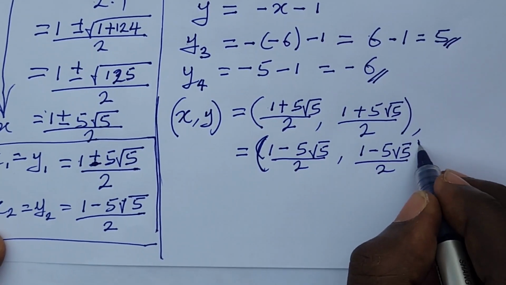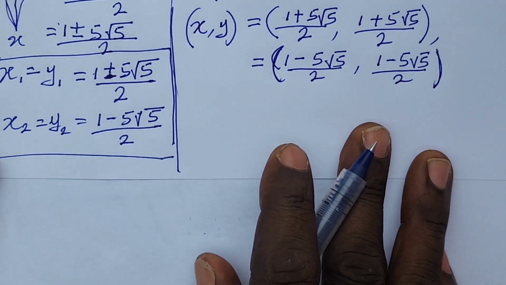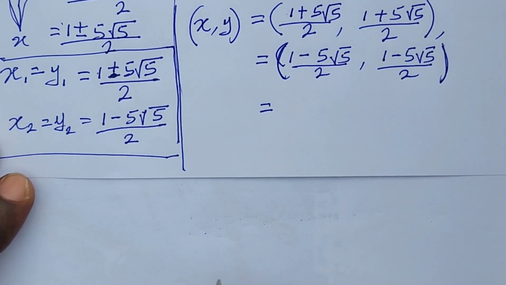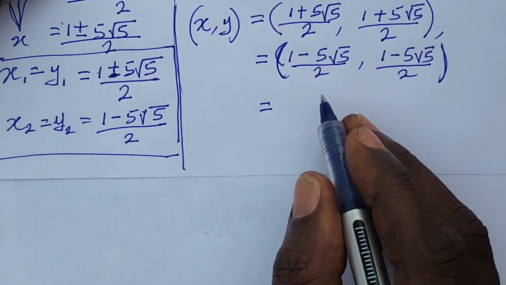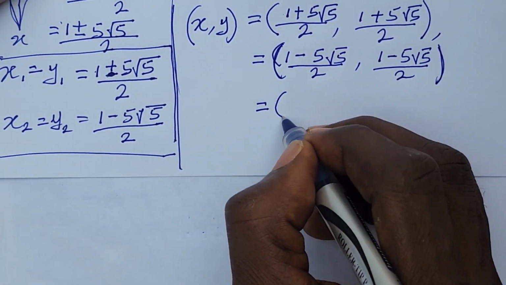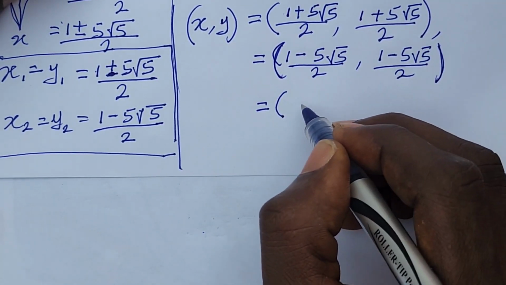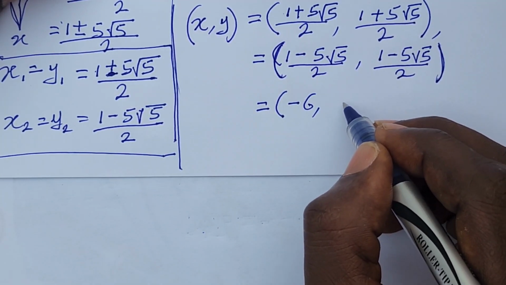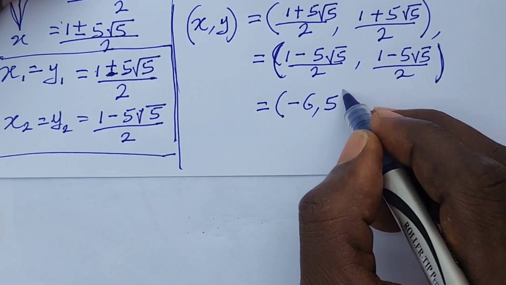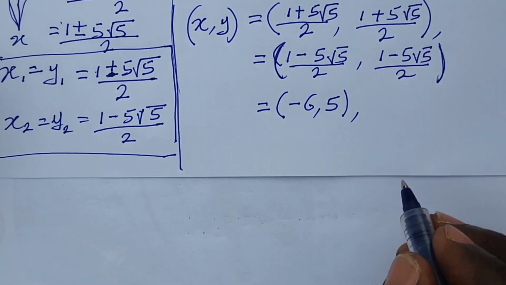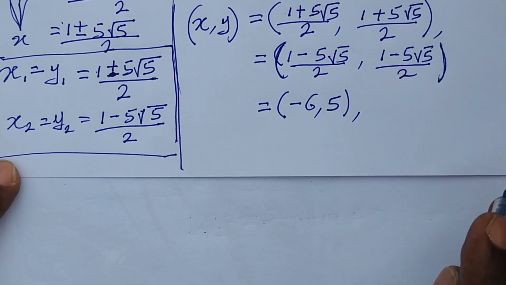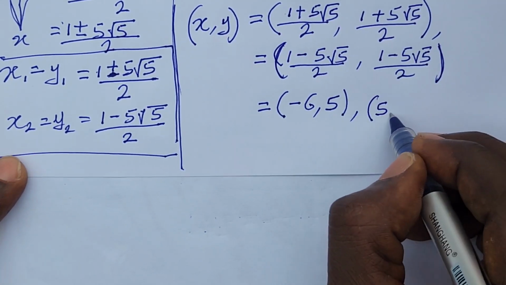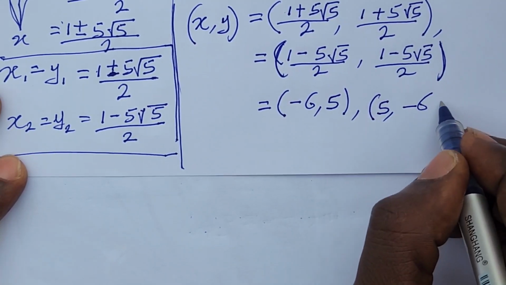Okay, so we have this, and the next one, which is our x3, y3, we have bracket minus 6, comma, positive 5. And the last one, which is x4, y4, we have bracket 5, comma, minus 6.